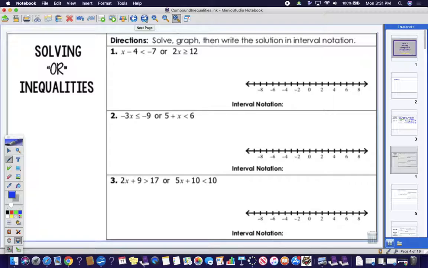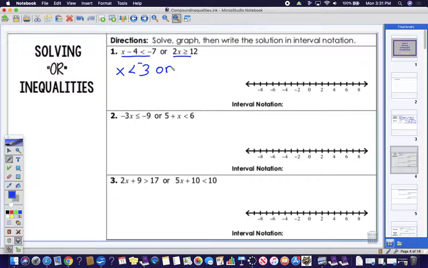So let's take a look at one more example of an or graph. Let's look at number 1. We're going to solve each of these for x. On the left-sided one, they're subtracting 4, so we add 4. So x is less than -3, because -7 plus 4 is -3.